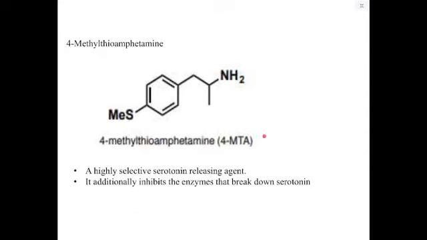So please fix it properly and put it in the earlier class with the methylenedioxyamphetamine and methylenedioxymethamphetamine. Kindly put it in the right place, because it is a highly selective serotonin releasing agent. So put it with MDMA and MDA, not with the dissociatives, because it is actually serotonin releasing.